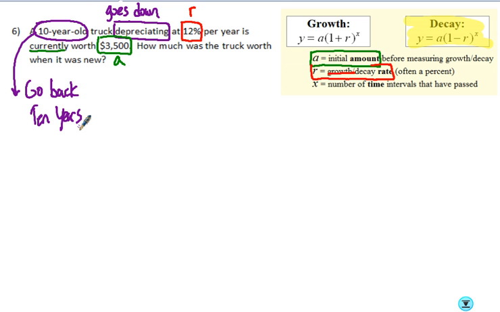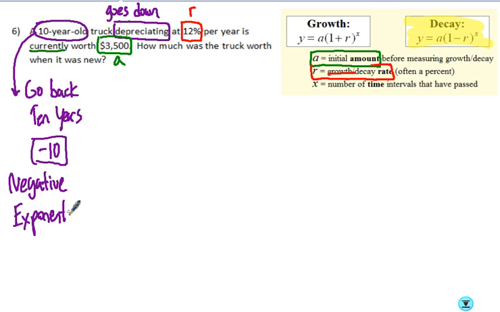I know what it's worth right now, but I'm asking when we first bought this thing, how much was it worth? So we're going to go back 10 years. Because we're going back in time, we're going to have a negative exponent.